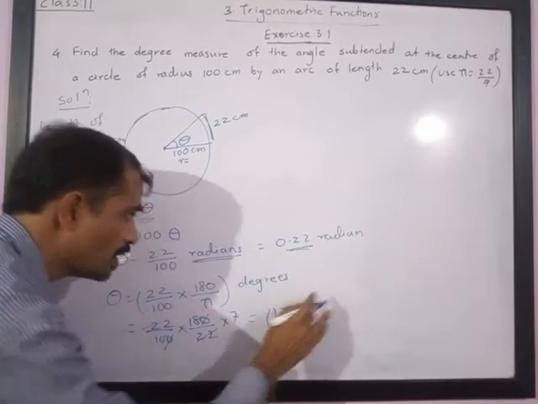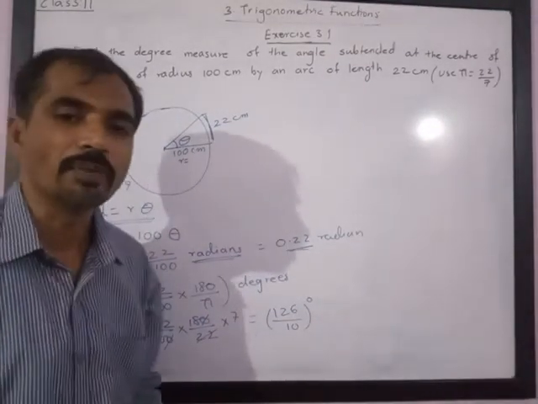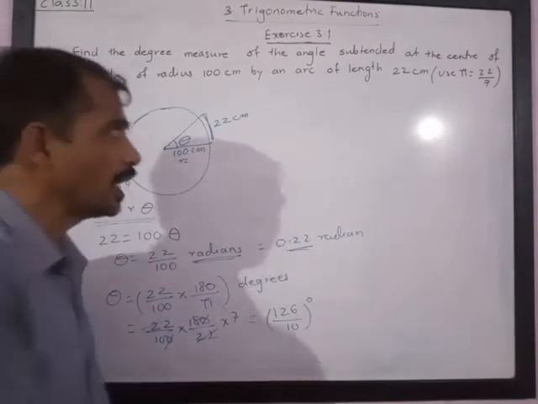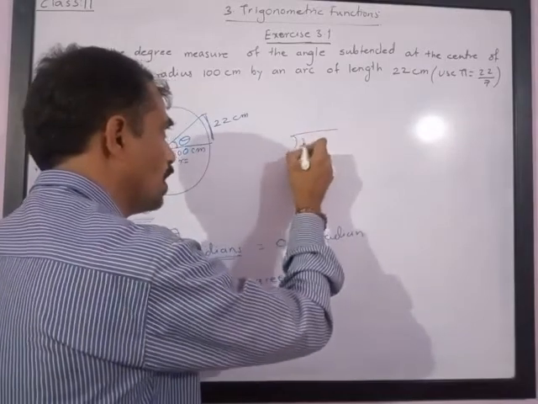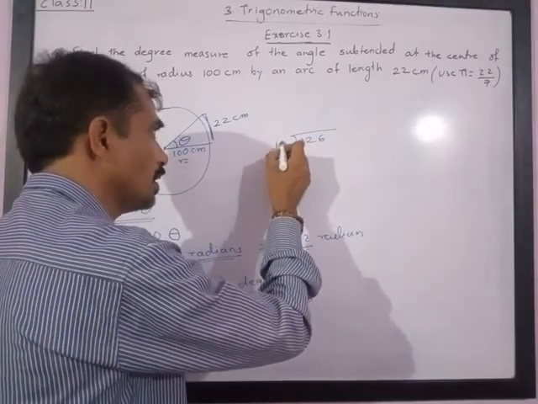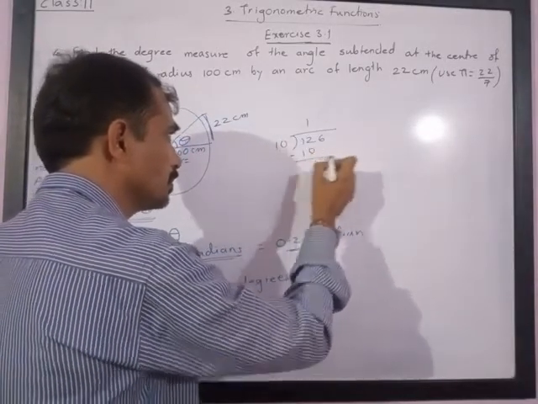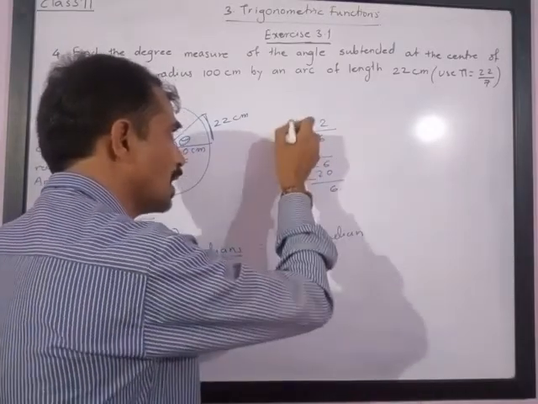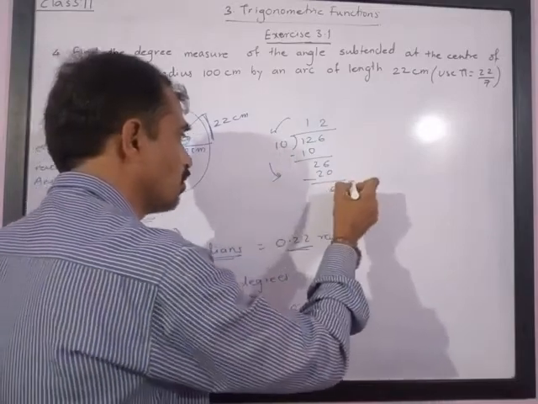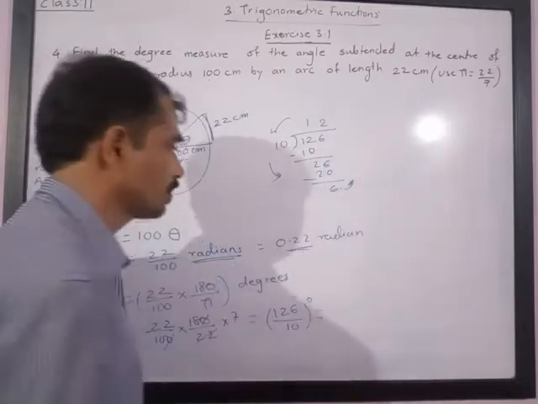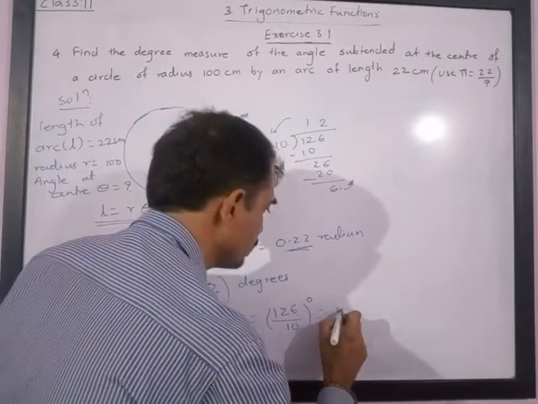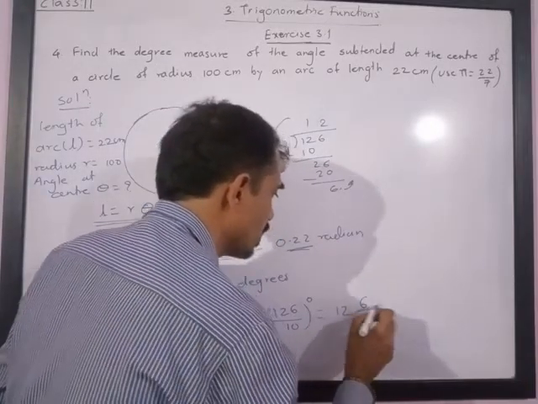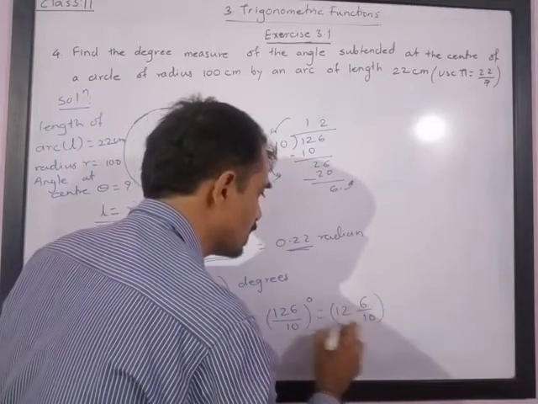Again we have it in fraction form. If you divide 126 by 10, 10 1s are 10, 26, 10 2s are 20, so the remainder is 6. In mixed fraction form this is 12 and 6 upon 10 degrees.